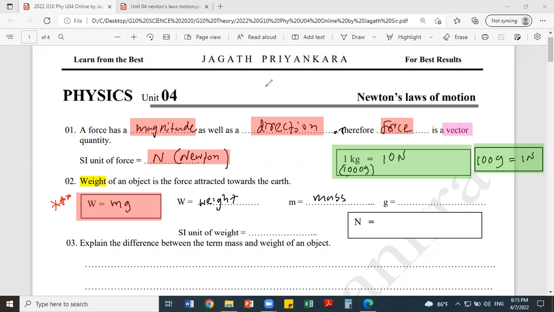Then right here, g, gravitational acceleration.